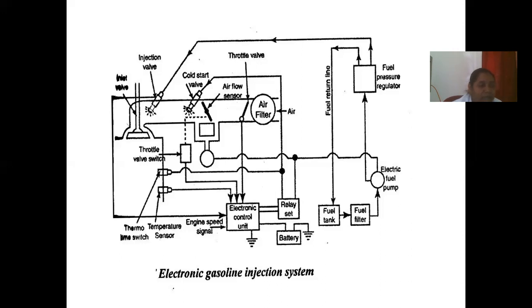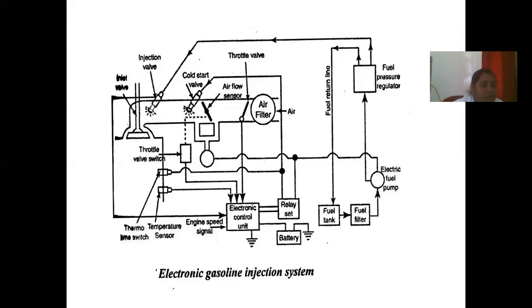This valve has especially good atomization characteristics. The operation of the cold start valve is controlled by a thermotime switch sensor to ensure cold start down to minus 33 degrees centigrade. The extra fuel needed during ordinary starting and the warm-up period is also supplied by this valve.